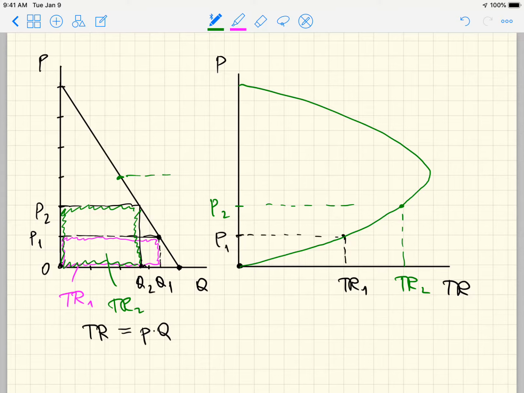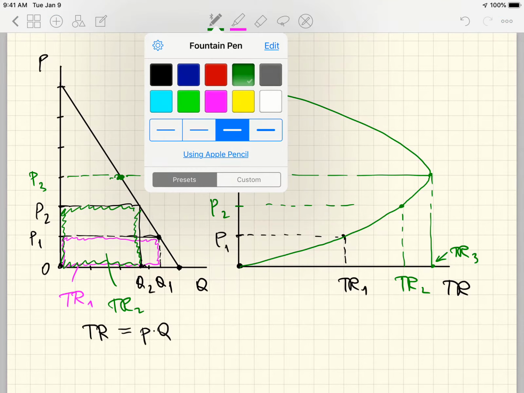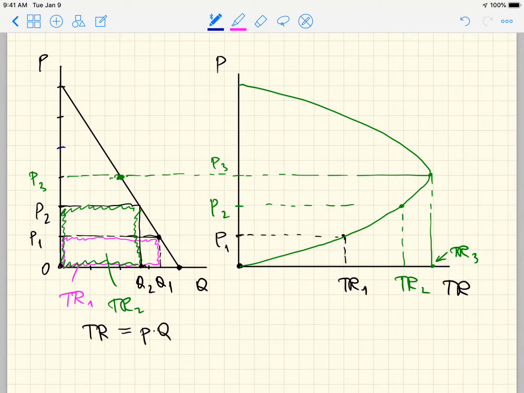Looking at this graph, you can figure out that you get the largest total revenue at the price that matches the midpoint on the demand curve. So P3 gives us the largest possible total revenue, which will be this number, total revenue 3.